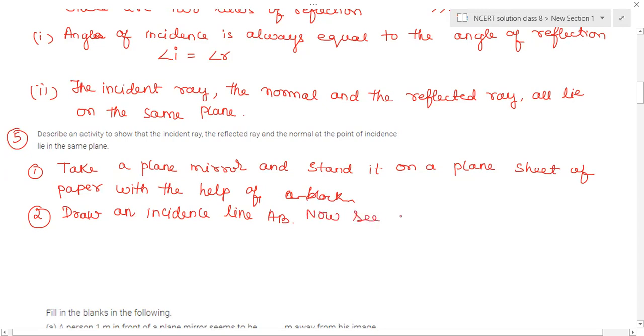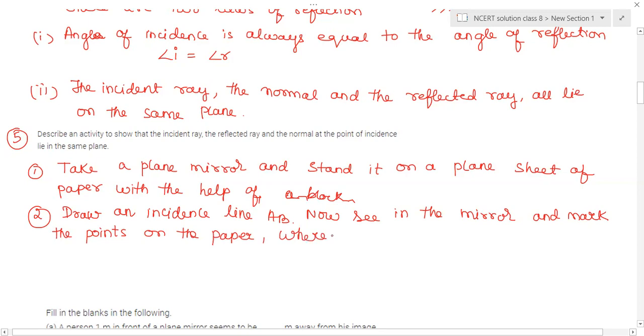Now see in the mirror and mark the points on the paper where you find the line is traveling.